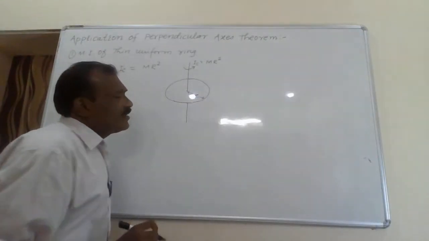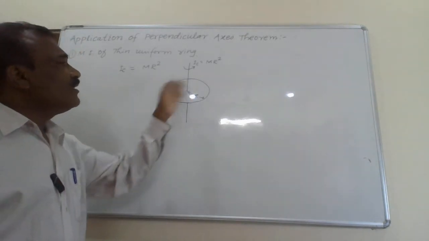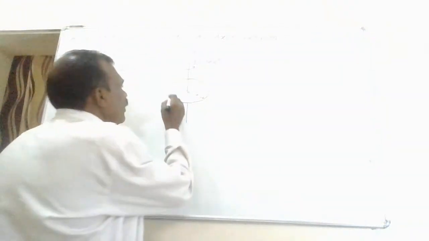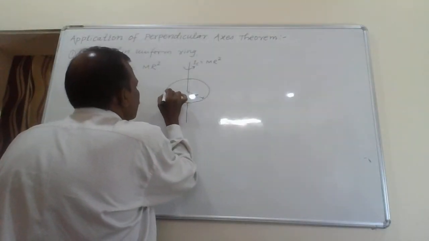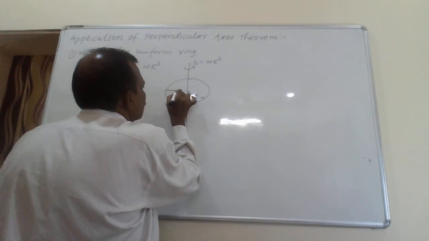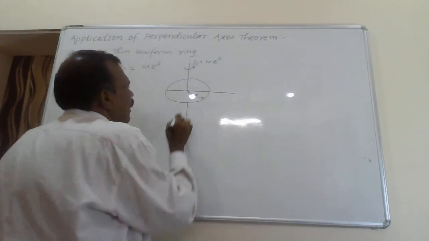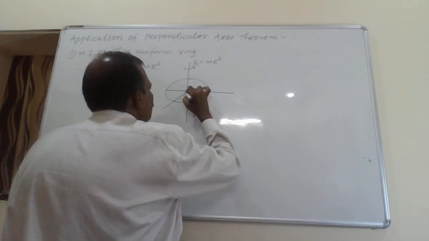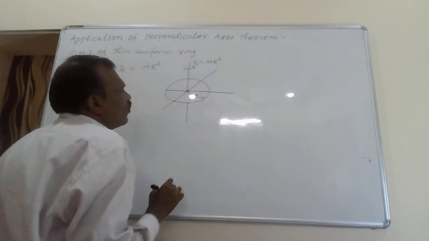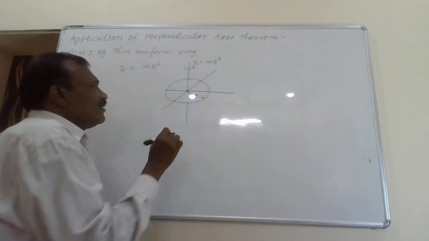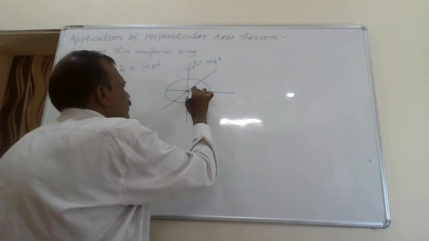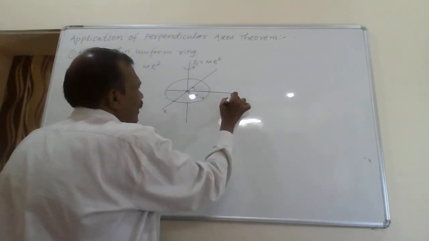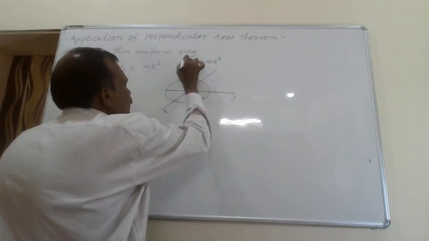Now let us consider another two axes lying in the plane of the ring. Suppose this is one axis and another axis is like this. Both are perpendicular to each other, at a 90-degree angle. This is our x-axis, this is our y-axis, and this is our z-axis.